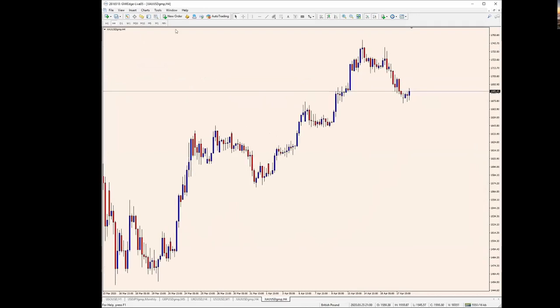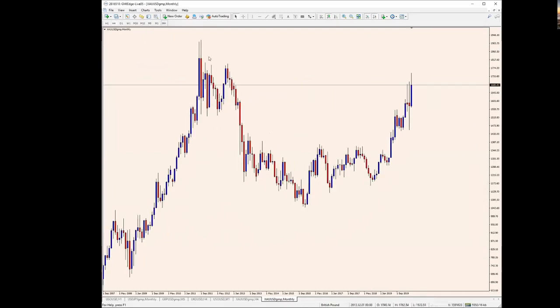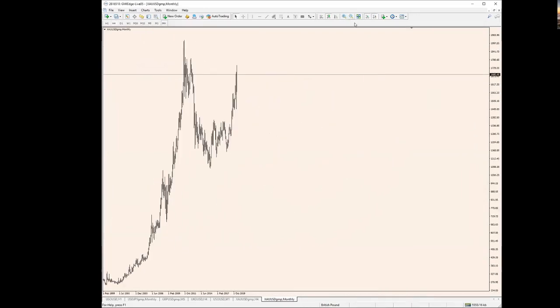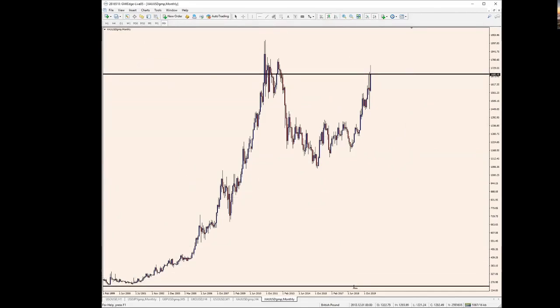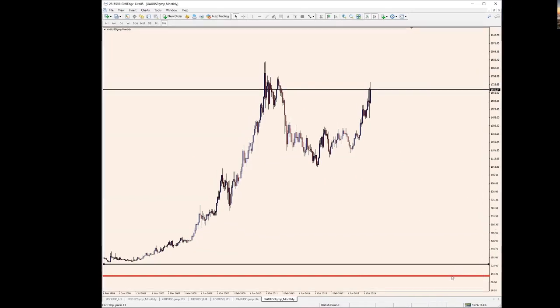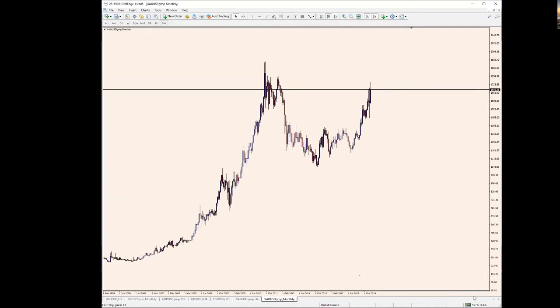Okay, this is the gold chart. For gold, where is the ground zero? Zero, correct. Now the current price is 1,685. The bottom of bottom is zero. I'm going to give you a concept over here.